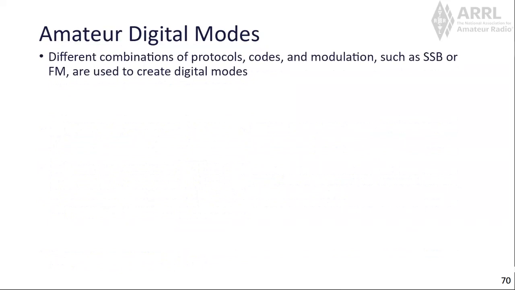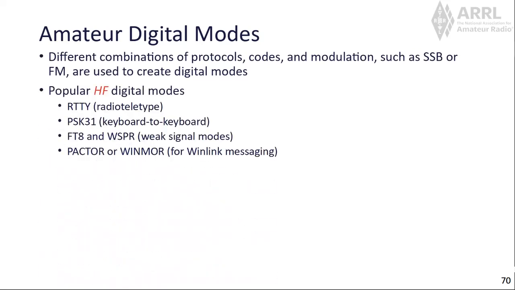Different combinations of protocols, codes, and modulations such as single sideband or FM are used to create digital modes. Popular HF digital modes. You have RTTY. When you hear us say, oh, he's running RTTY, that's RTTY, radio teletype.